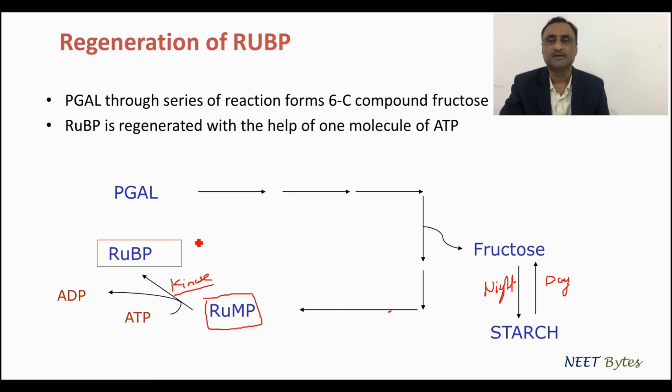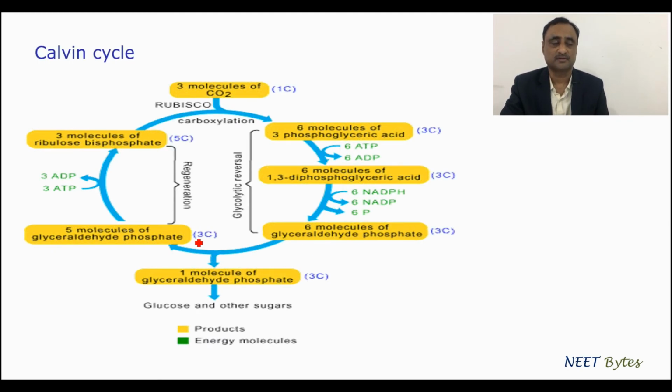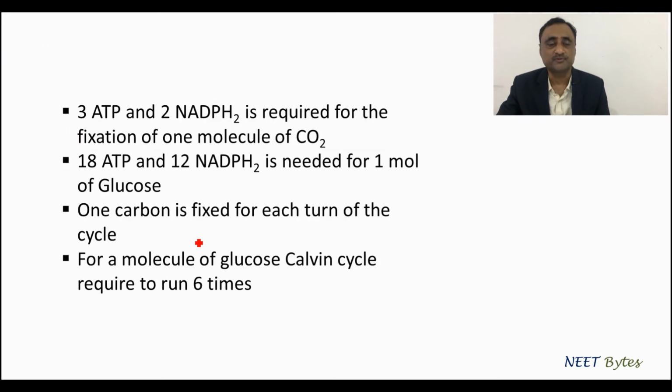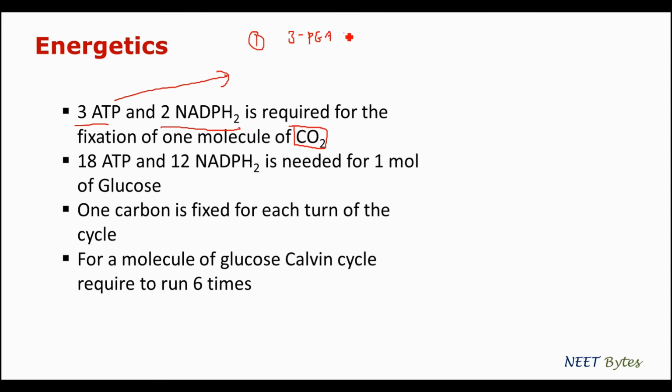Before we conclude, let's talk about the energetics involved. For the fixation of 1 molecule of CO2, we need 3 ATP and 2 NADPH2. So just recall the places where 3 ATP were used. The first place was the conversion of 3-PGA into 1,3-di-PGA.